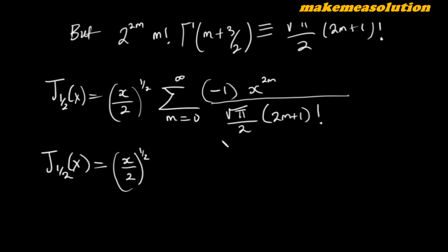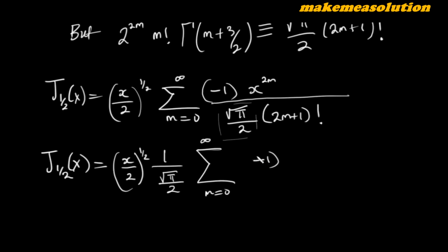Since the root pi over 2 is a constant, you can bring it out from the summation. It will be 1 all over root pi over 2, and you have summation m equal to 0 to infinity, minus 1 to the m, x to the 2m all over 2m plus 1 factorial.